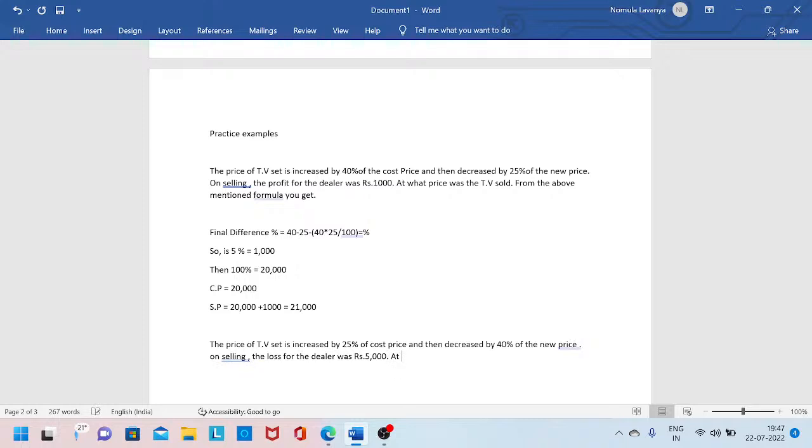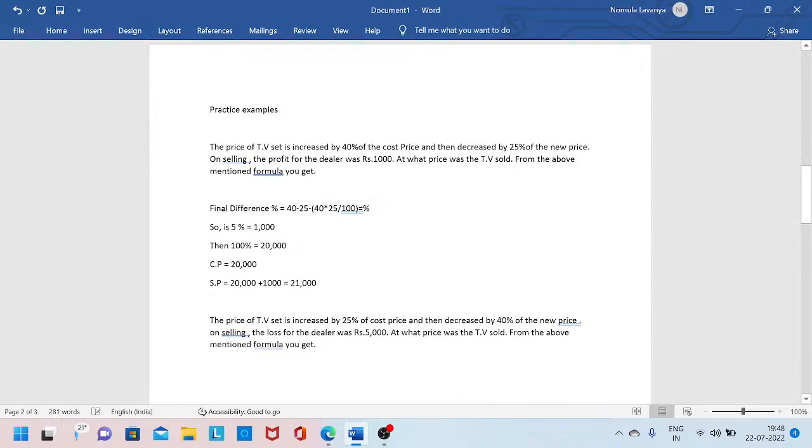At what price was the TV sold, from the above mentioned formulas. You can get it by seeing the above, and I hope I'll get the answer.